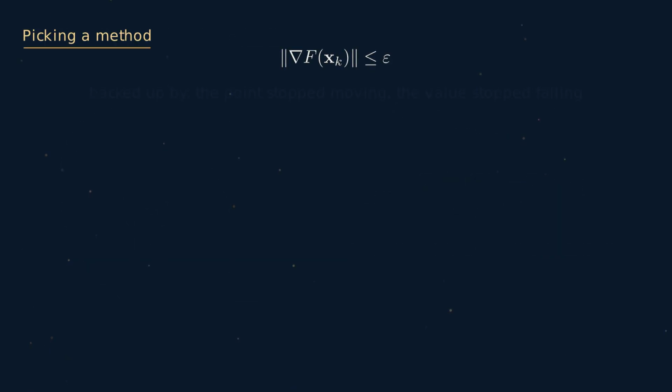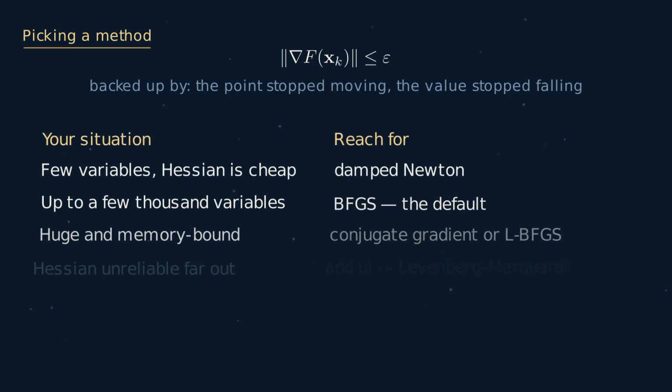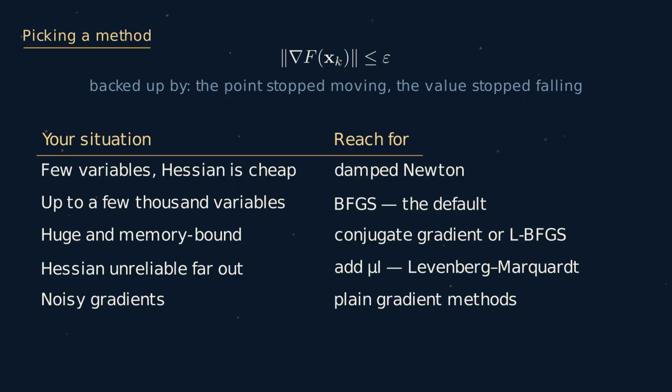Every method here stops the same way, when the gradient is small enough to call it flat, backed by checks that the point and the value have stopped moving. After that, matching method to situation is mostly mechanical. Small problem with cheap second derivatives: Newton, damped.